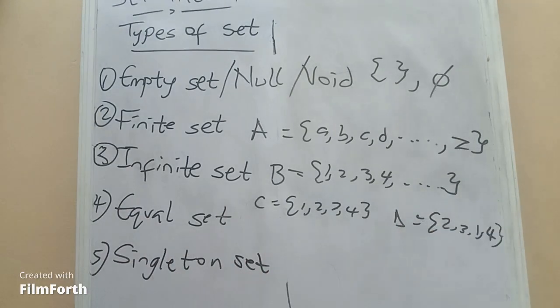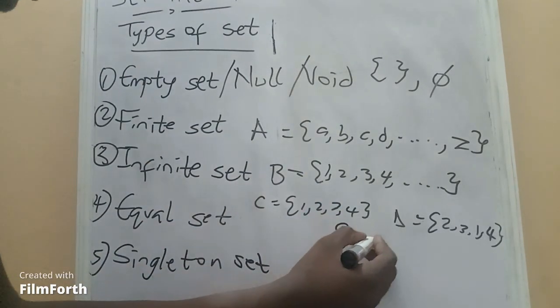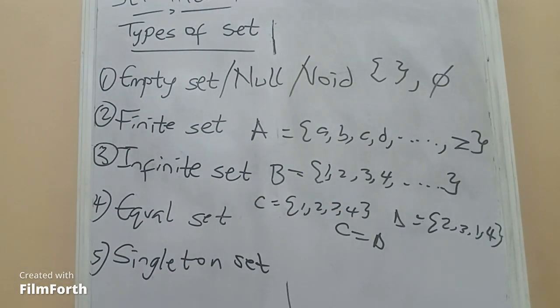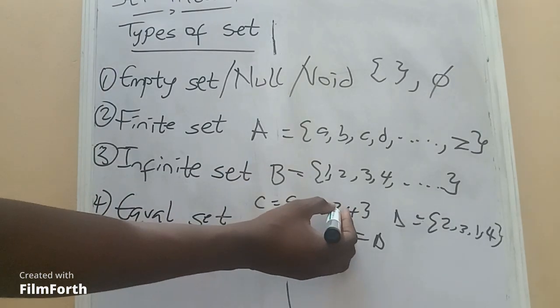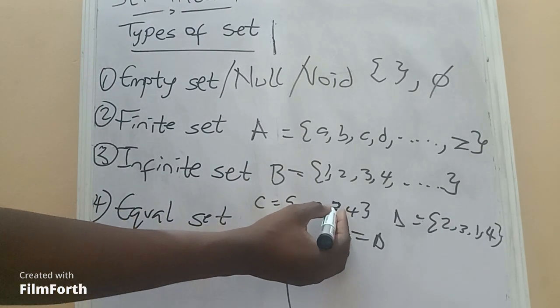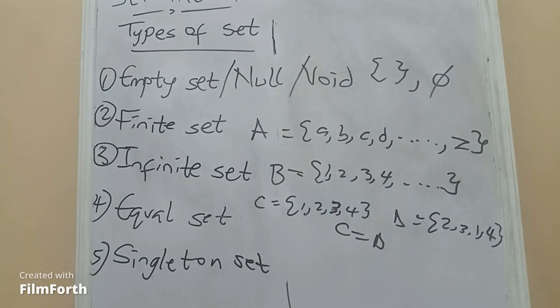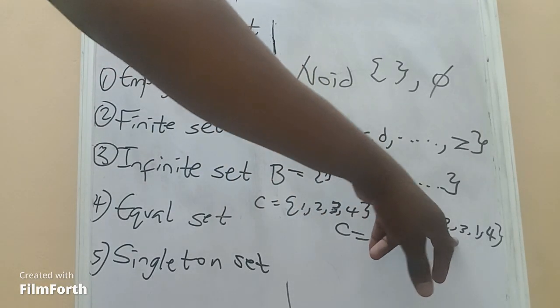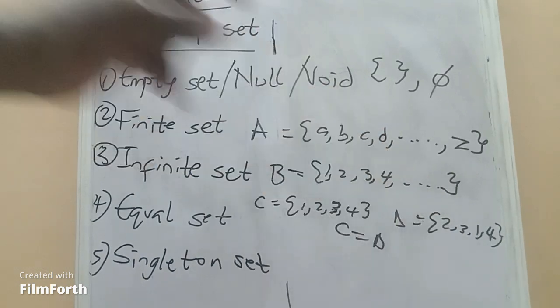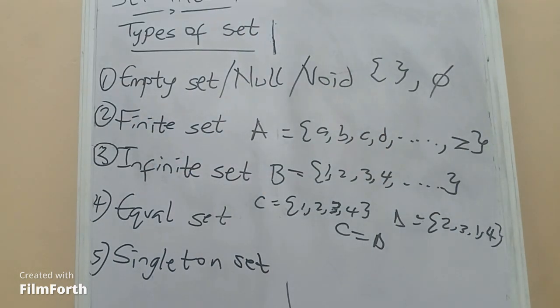You will agree with me that set C is equal to set D, because the elements contained in set C are also contained in set D. But if you add element 5 to set D, then C is not equal to set D.